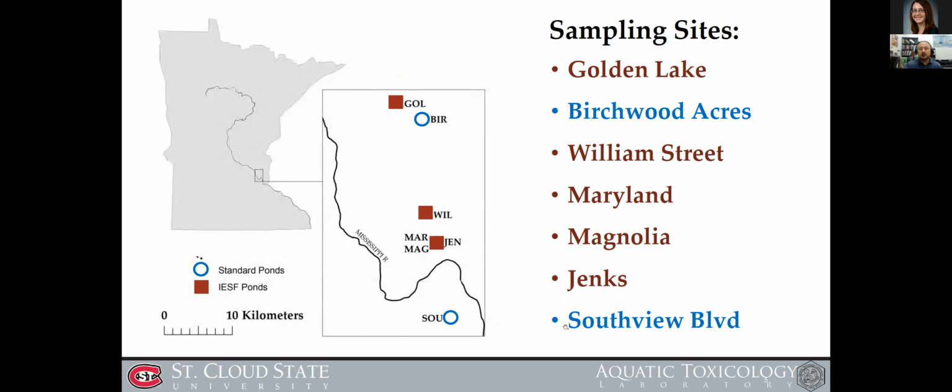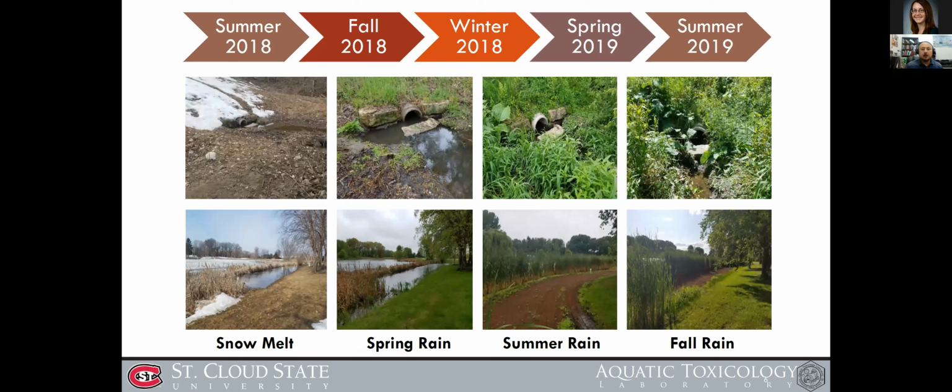The two sites shown in blue are the standard ponds, and the five sites shown in red are the iron enhanced sand filters. We also collected samples from different seasons, the snowmelt season and the summer season, so the vegetation around the retention pond is quite different.